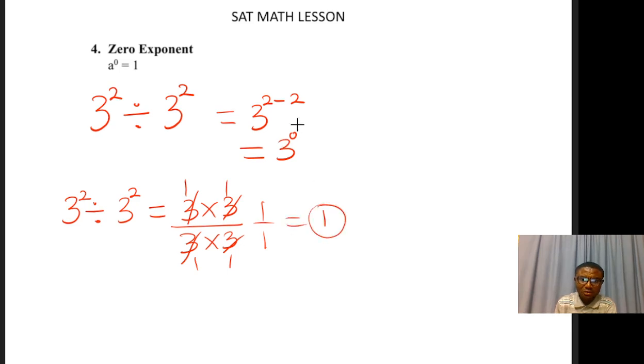Now this is how we arrive at this rule, that 3 raised to the power of 0 is equivalent to 1. The reason is, this problem gave birth to a solution in this form. The same problem gave birth to this solution in another form.